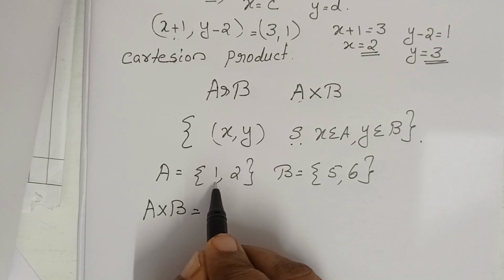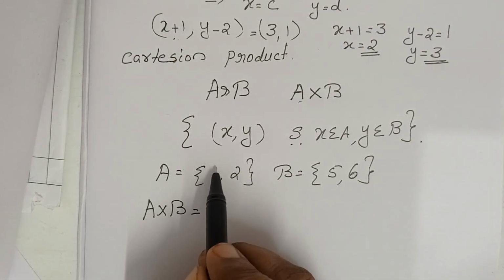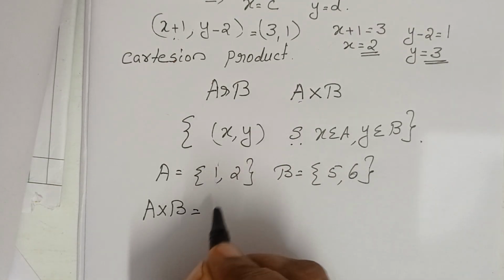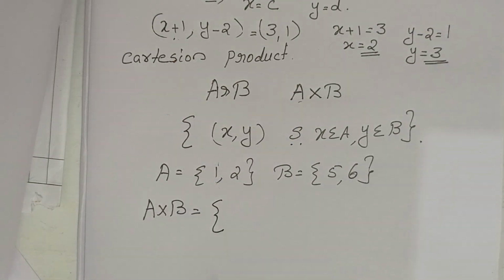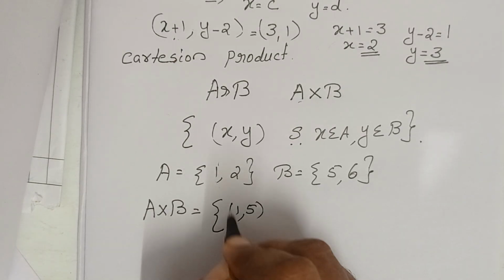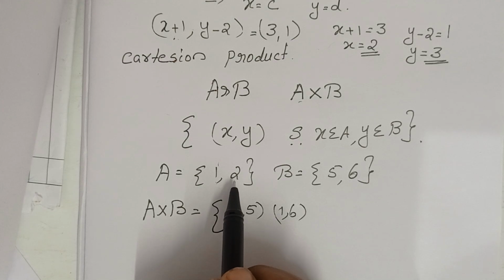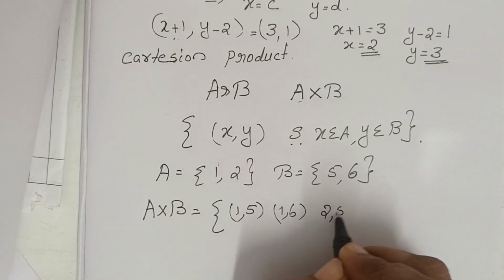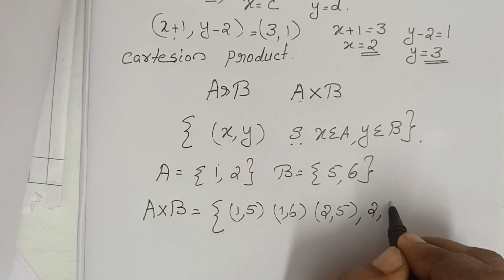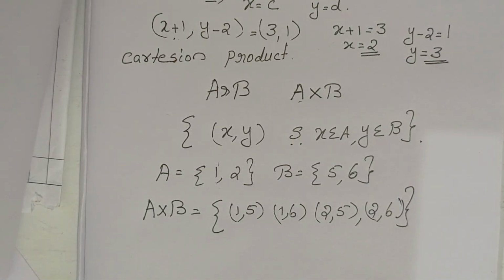That is 1: (1, 5), (1, 6). The set of all ordered pairs, so you put the set notation. Now we take the second element: (2, 5), (2, 6). This is the meaning of A cross B.